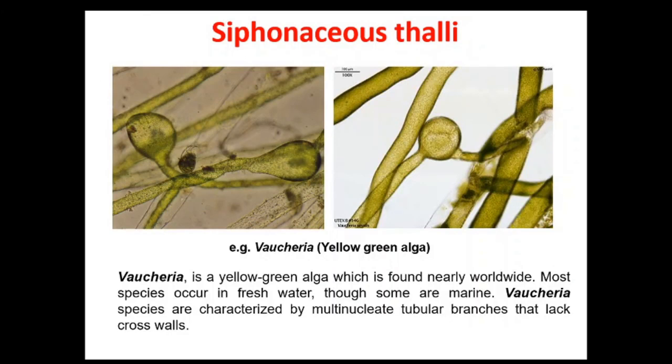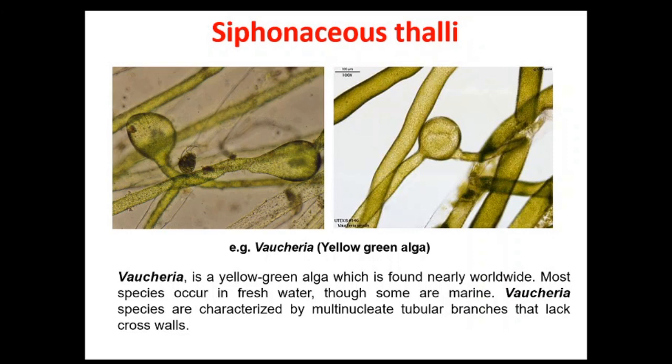Now the next characteristic example of the thalli are the siphonaceous thalli. Actually, the siphonaceous forms are not examples of true multicellular thalli, but these forms may develop septa during their reproductive phases.